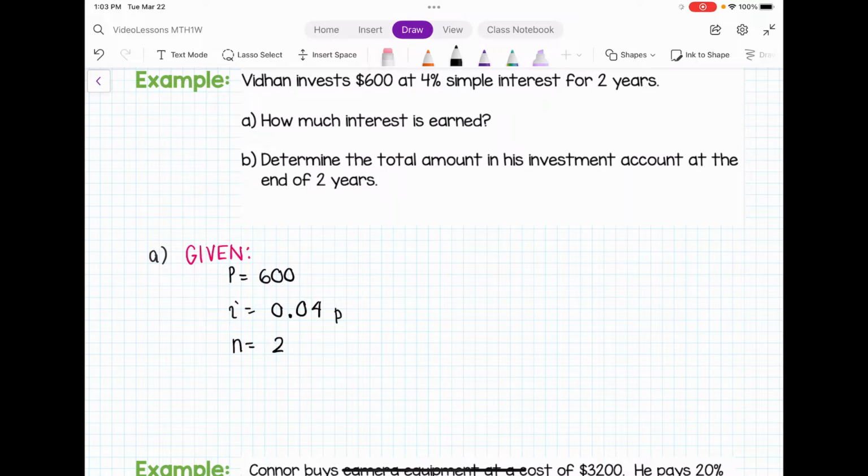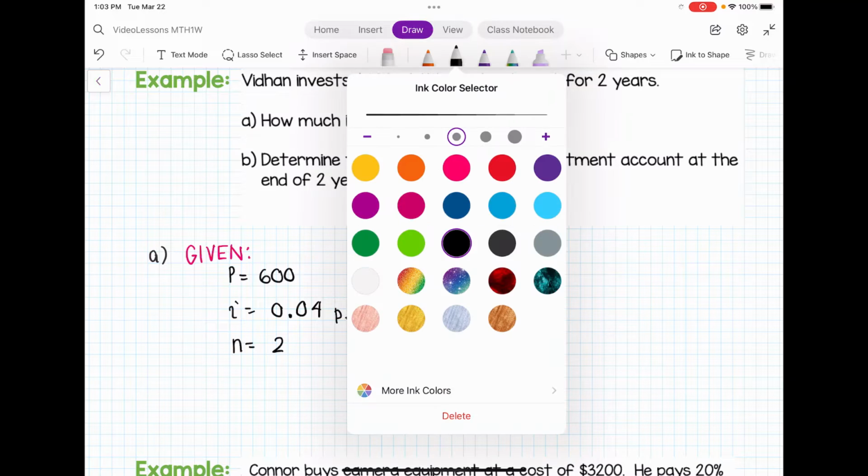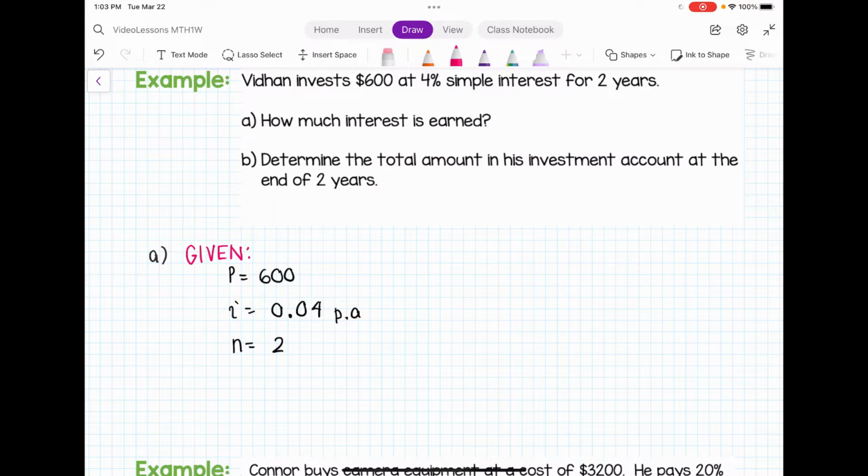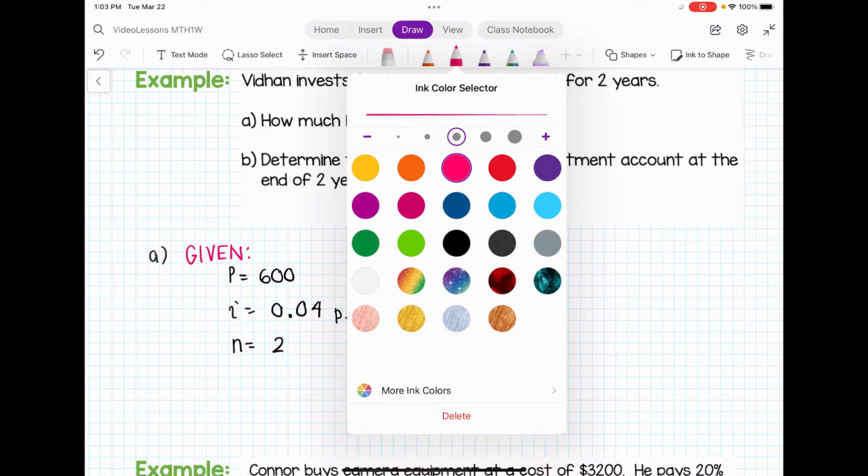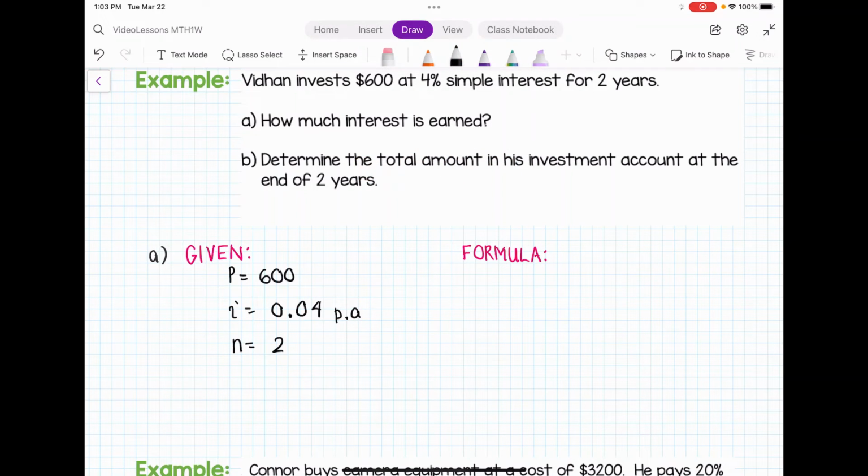And this is 4% per annum. PA stands for per annum, that's per year. And then we're going to write out the formula that we want to use. In this case, the formula that we need to use, and they're asking us for interest, is saying how much interest is earned. So I can use my SI formula.